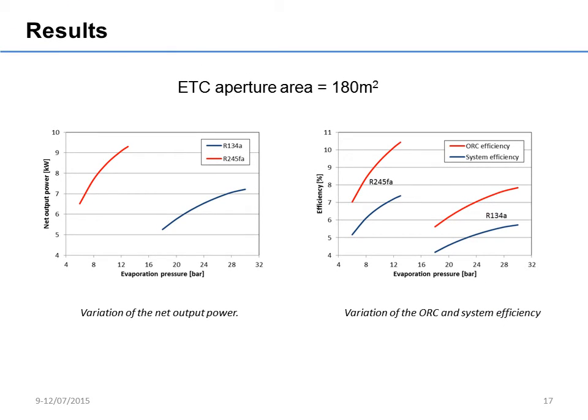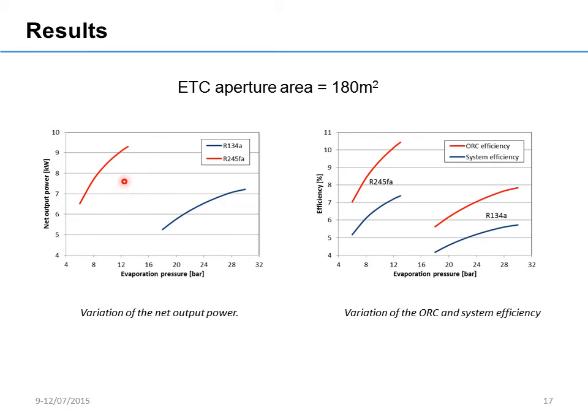Results. At the beginning, the results were obtained at the same evacuated tube solar collector area, 180 square meters. We can see from the first figure the net output power against evaporation pressure. We can see that the net output power for R245FA is much higher than R134A.